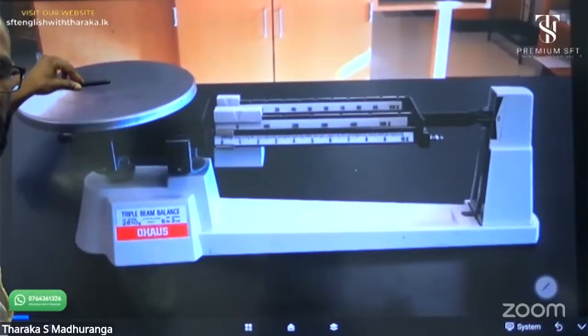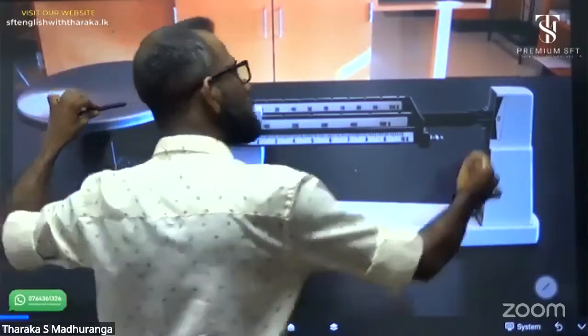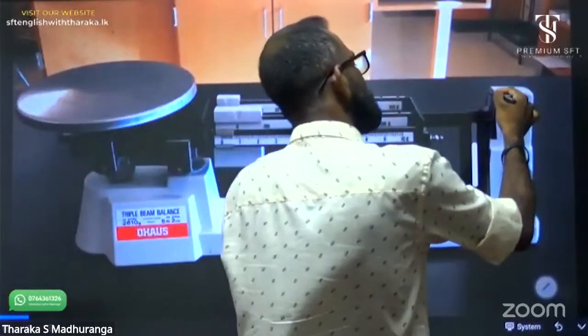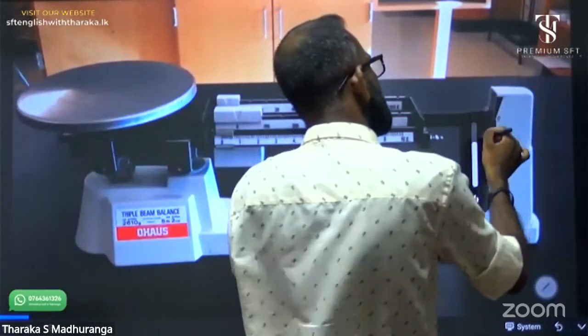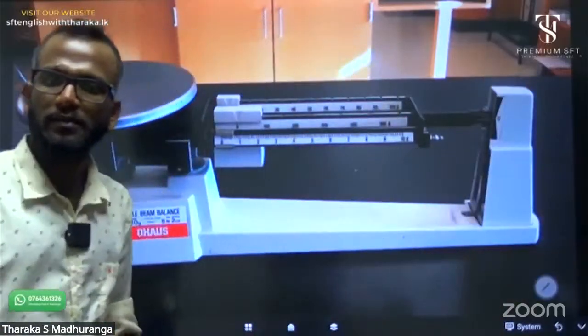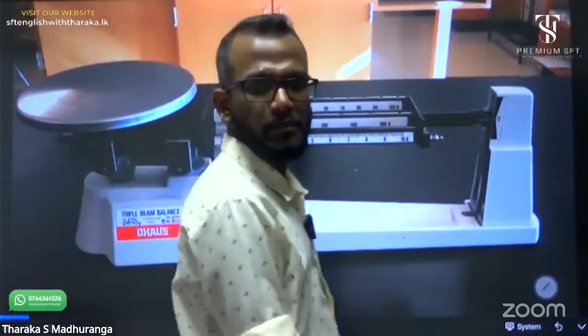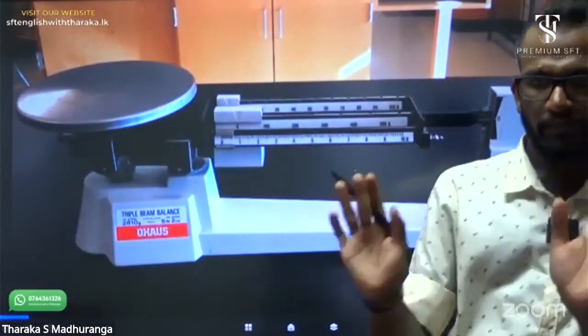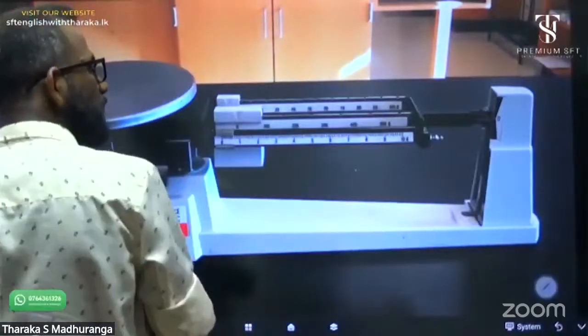Up, right? It simply moves up and hits the upper end. I will show you. Just understand.